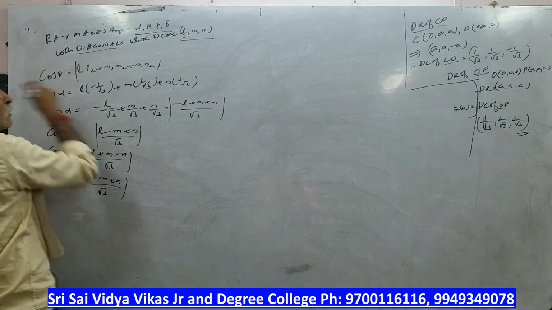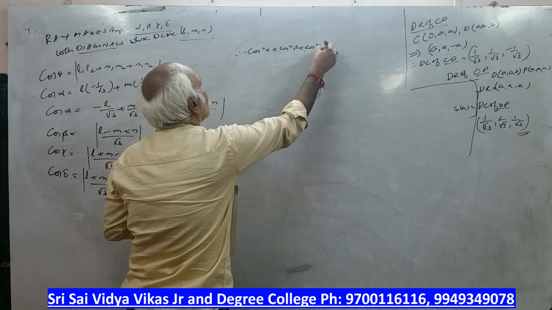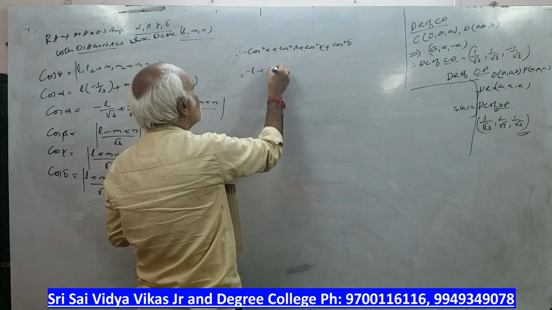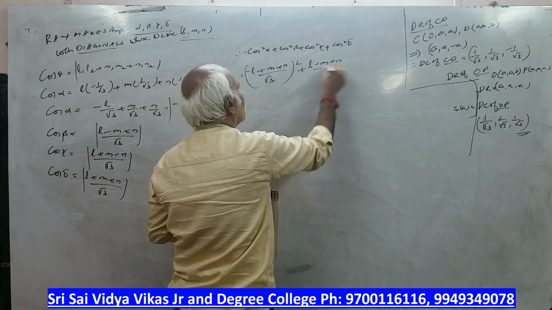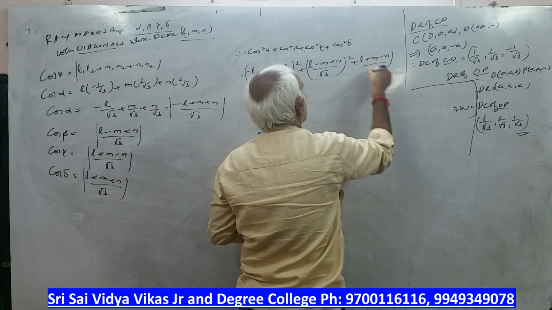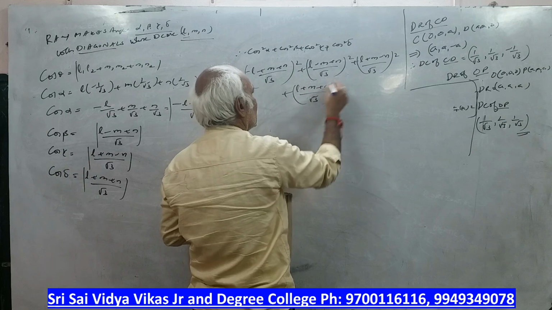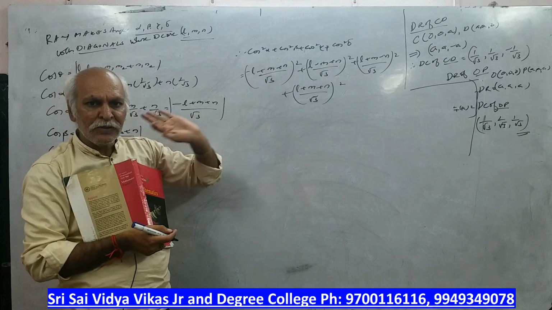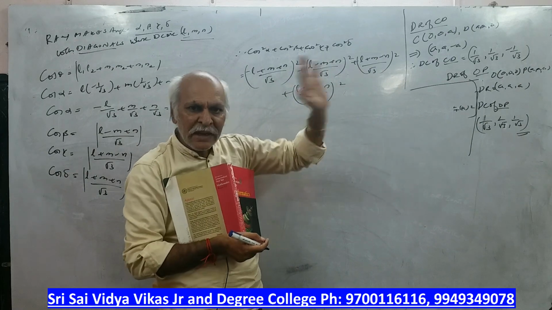Now therefore, cos square alpha plus cos square beta plus cos square gamma plus cos square delta means: minus l plus m plus n by root 3 whole square, plus the other whole squares, plus l plus m minus n by root 3 whole square. So we have written the values. Now once you expand, a plus b plus c whole square will come, but here minus 2lm will come, and all the lm, mn, ln terms will get cancelled.